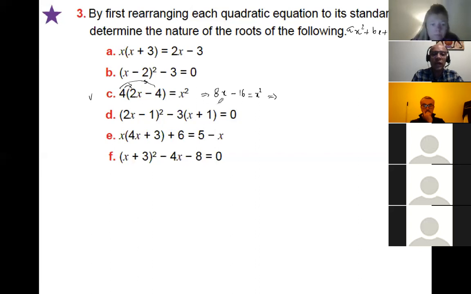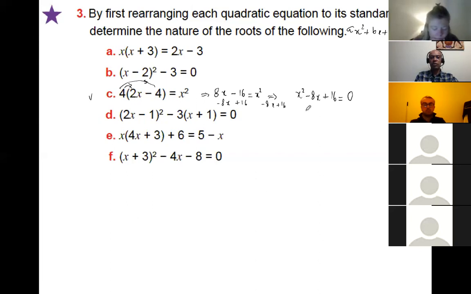I need to take away 8x and add 16 on both sides. That will give me x squared minus 8x plus 16 equals 0.